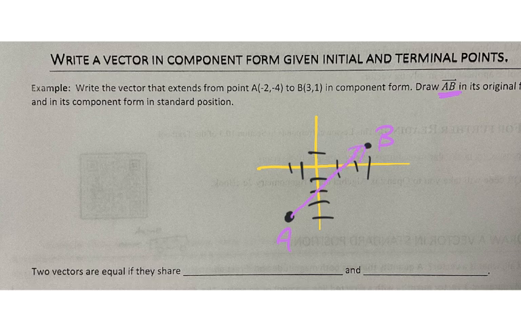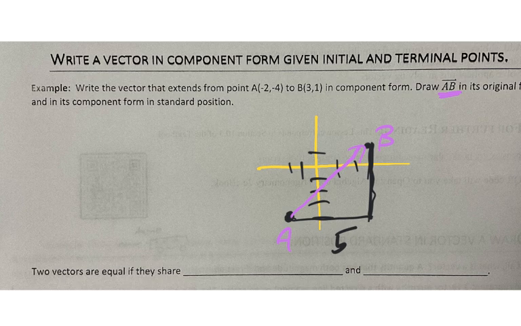So I'm looking for the magnitude. I need to figure out how far right did I go and how far up did I go. I went from -2 to 3, which means I went right 5. How far up?